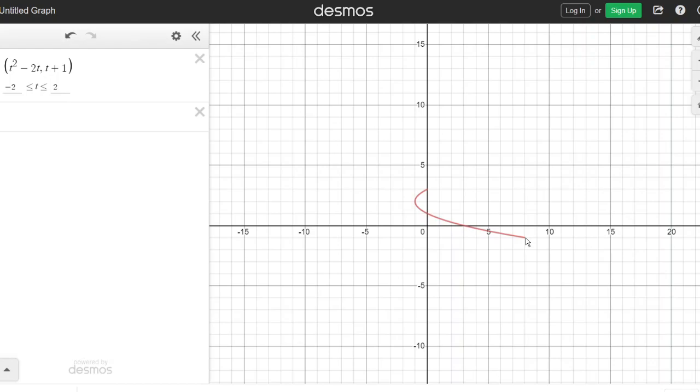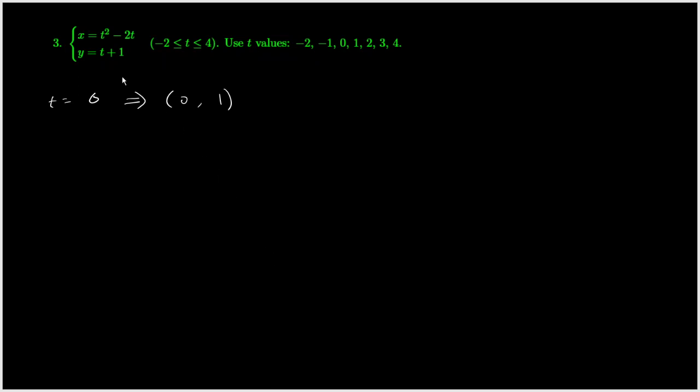So the curve is treated as a directed curve from this point to that point. Basically the direction is going from the initial point along the curve to the terminal point. Again, on the screen, you have the parametric curve defined by the parametric equations in question number 3.